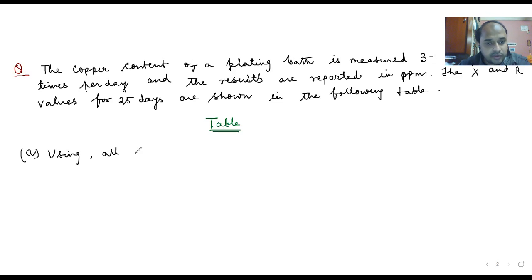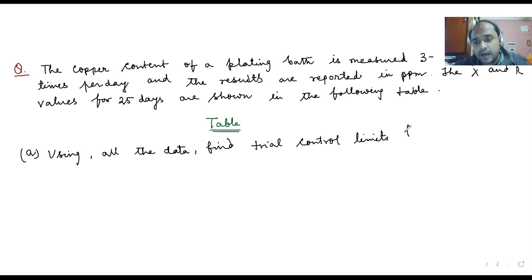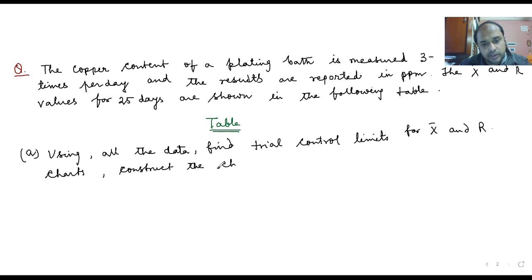So the main question is, using all the data above, find trial control limits for X bar and R charts, construct the chart and plot the data.